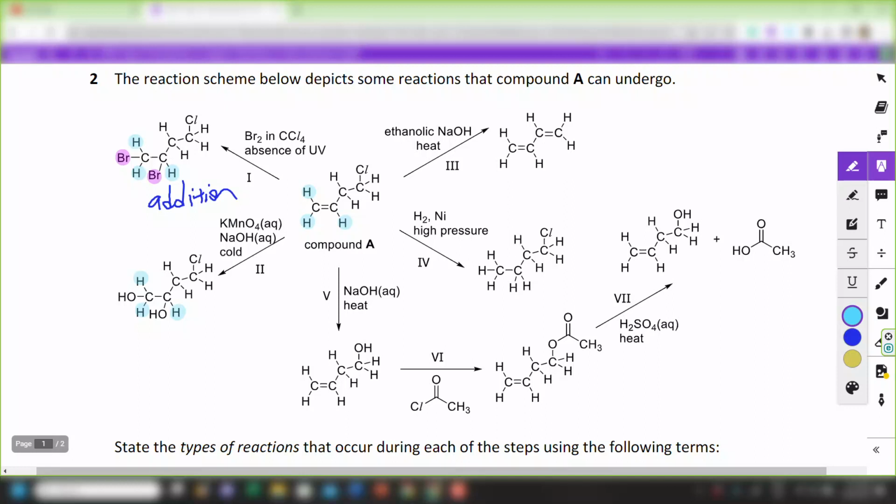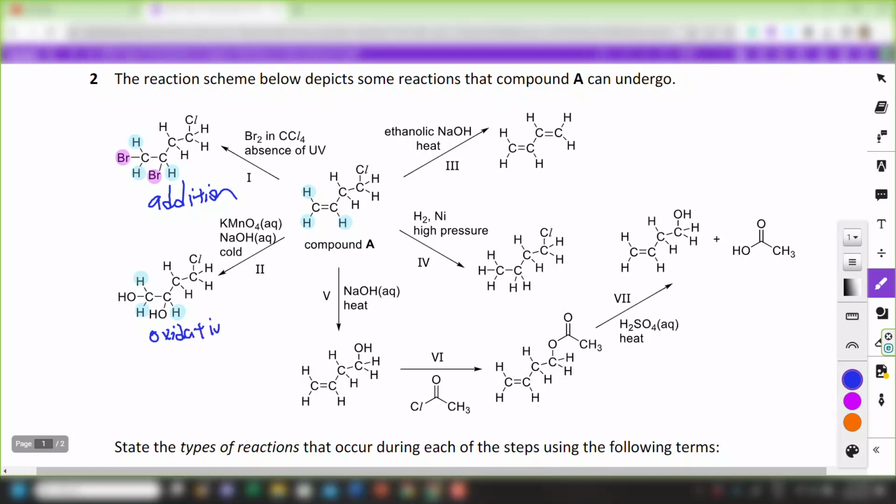It is similar to an addition reaction, but not quite. At this stage, if you wish, you can call it an addition reaction. But normally, when oxygen is being added, we tend to call it an oxidation. So oxidation might be a better answer here, but if you call it an addition, I think that is fine as well at this stage.